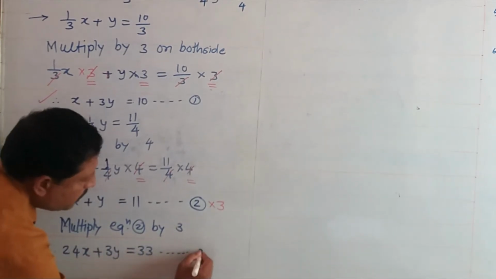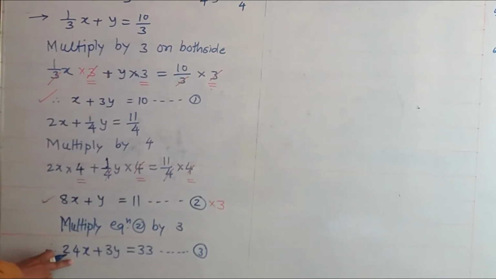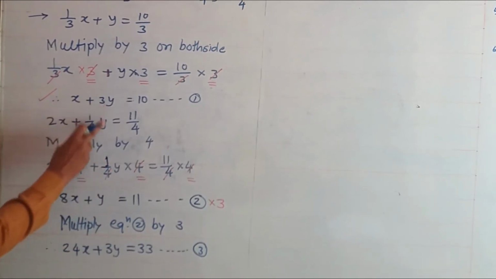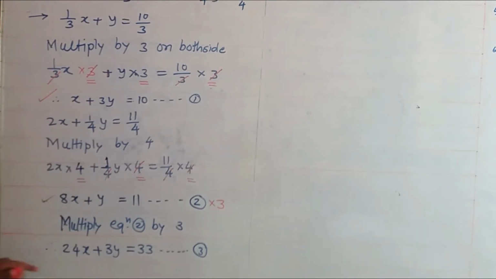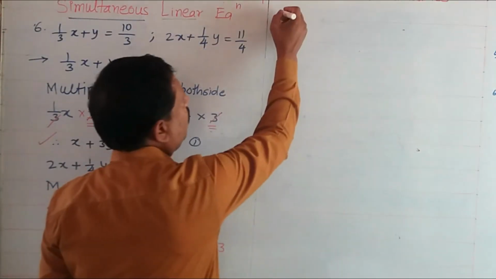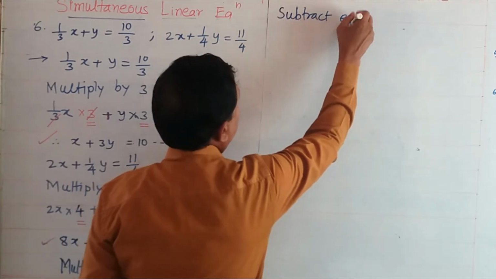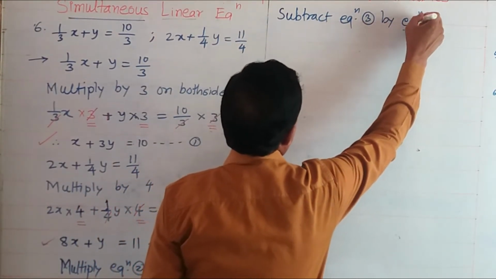Now name this equation as equation number 3. Now in equation number 3 and equation number 1, the coefficients of the variable y are equal. So by subtracting we can eliminate the variable y. So subtract equation 3 from equation 1.